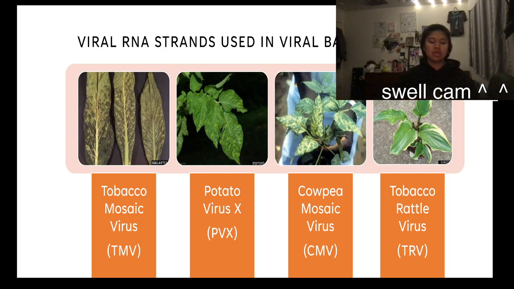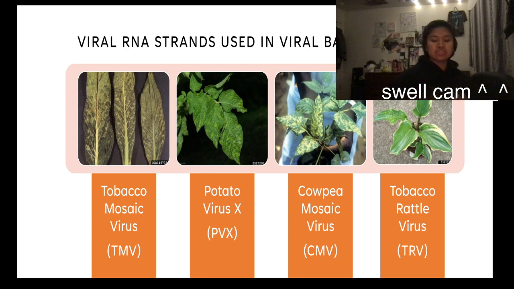So, viral RNA strands that are mainly and commonly used in viral-based vectors, specifically for plant expression, are tobacco mosaic virus (TMV), potato virus X (PVX), cowpea mosaic virus (CMV), and tobacco rattle virus (TRV).